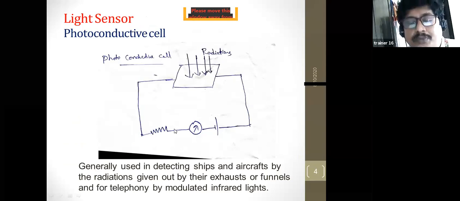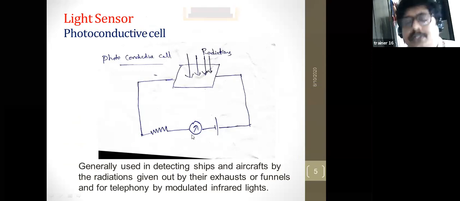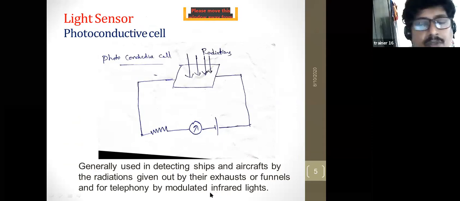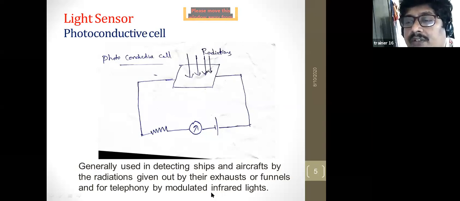Next, the photoconductivity cell. In this photoconductivity cell, these are generally used in detecting ships. Is it audible to you? Whatever I am speaking, is it audible to you? Okay, right, very good. I asked the question and you are not answering, so that's why I'm asking.